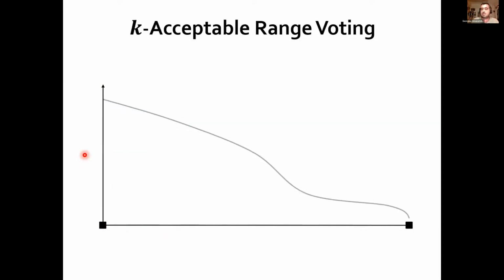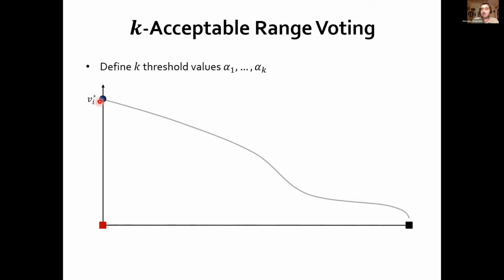So let's do something a little bit more clever. Again, we're going to ask for the top alternative. Let's fix an agent, i. We ask about the value of the top alternative, and let's say it's v_i star.